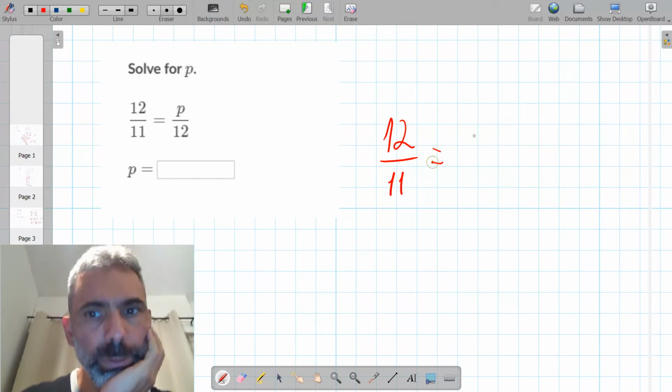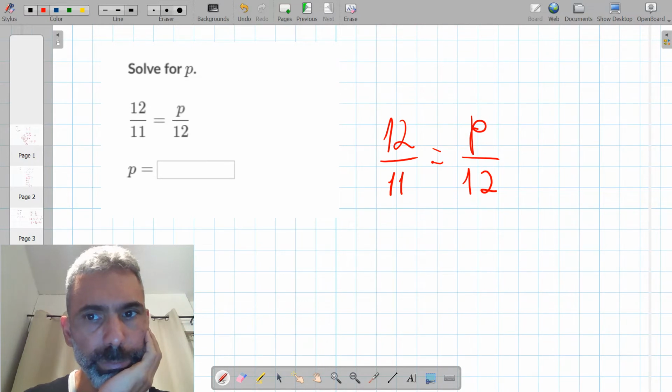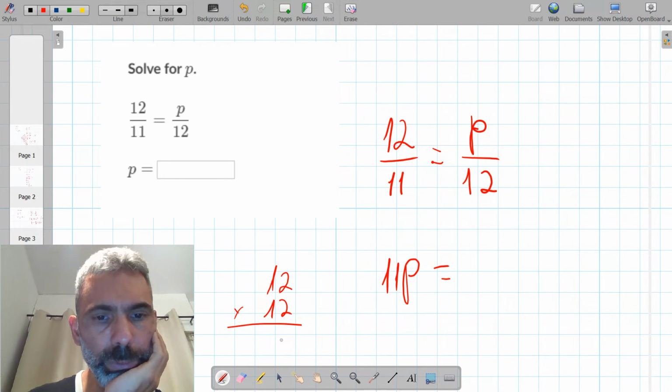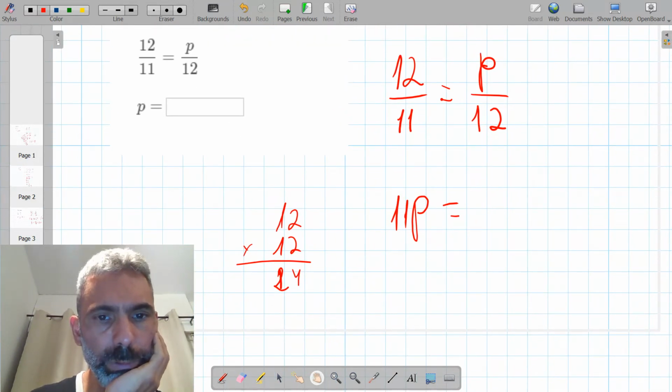Over 11 equals p over 12. So 11p equals 12 times 12, which is 144, right? 12 times 12. 2 times 2 is 4, 2 times 1 is 2, and this is 12.